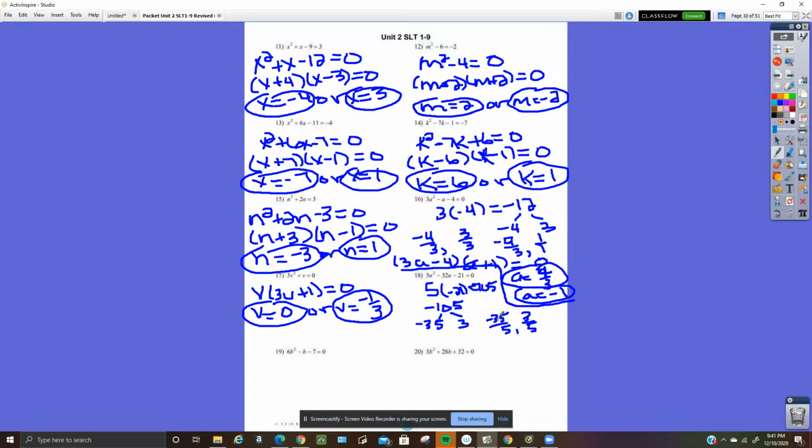So simplified, -7/1. So n minus 7 and 5n plus 3. So n equals 7. Make a better equal sign here. N equals 7 or n equal -3/5.